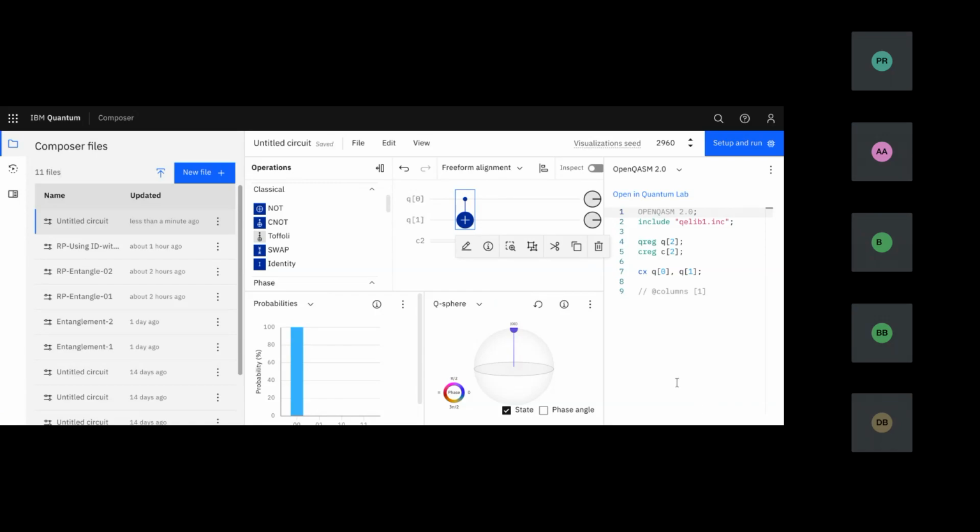We want the other way around, where this MS bit is the source and 0 is the target. I don't know how to draw it. Okay, no problem, I'll make this Q1 and make this Q0 and then see what happens.